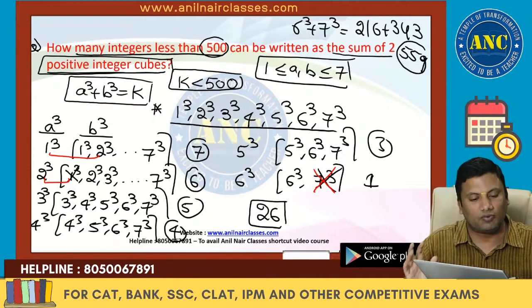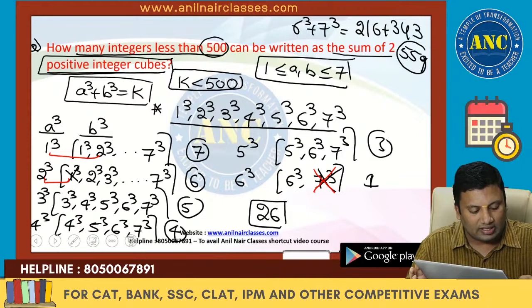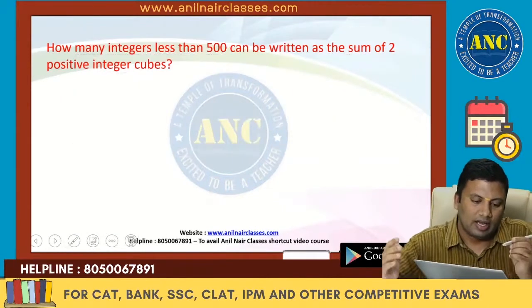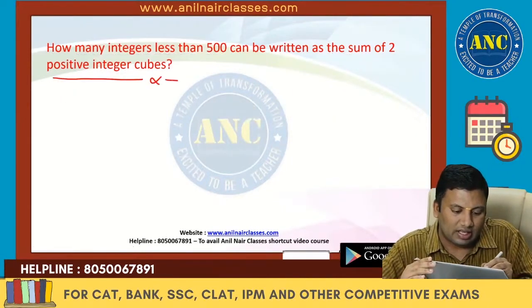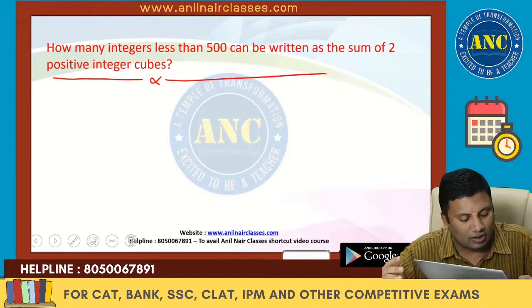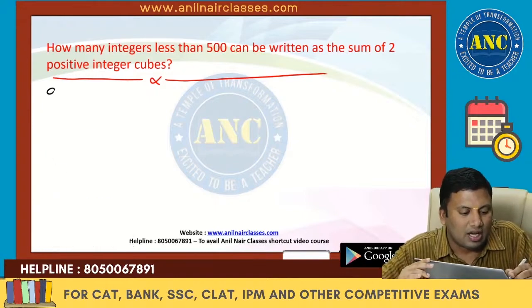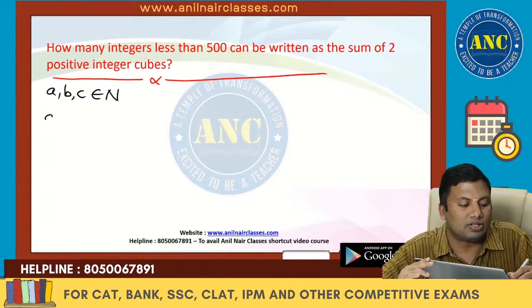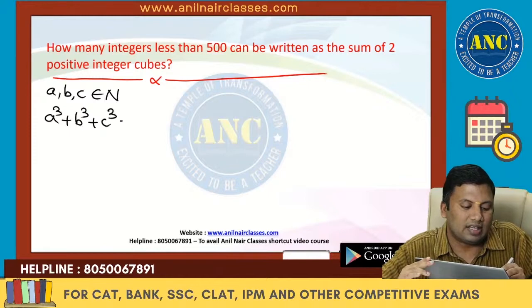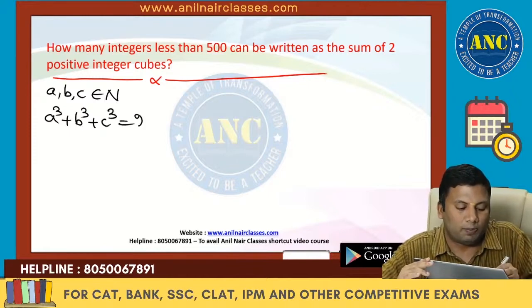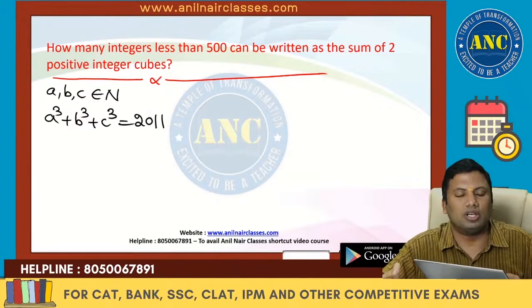Now the reason why this question is there is another similar CAT question, right? Based upon this, I think I kept it, but I'll discuss it right now. Please listen carefully. How many values, if A, B, C are natural numbers, how many values will A, B, C take such that A cube plus B cube plus C cube is 2011?